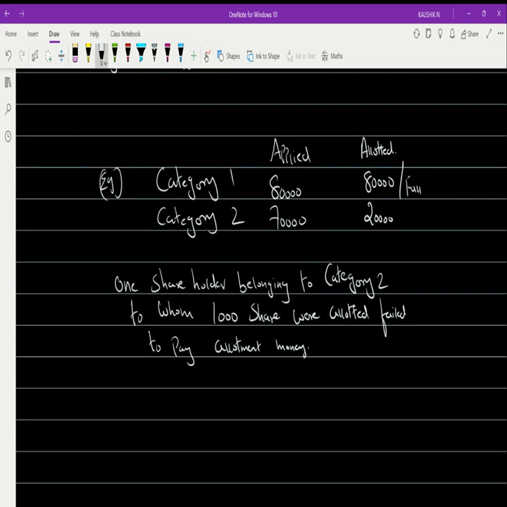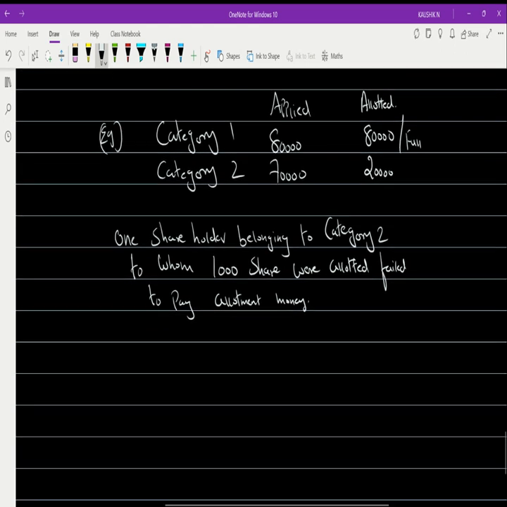What you should find out is how many shares he applied for, which you don't know, so you have to find that. Use this as your concept: applied and allotted. Now, to which category does that shareholder belong? Category 2. So what is the base? 70, 20. Write that first: 70, 20.